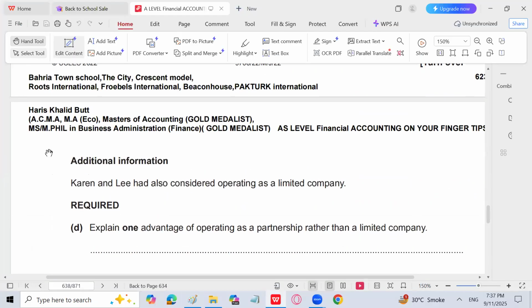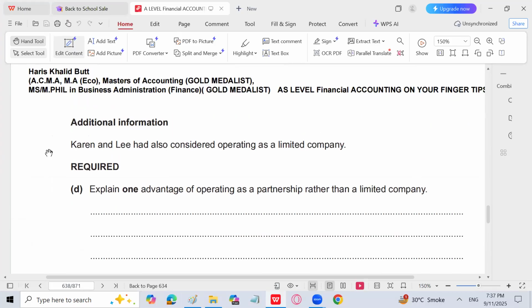The additional information says Karen and Lee had also considered operating as a limited company. Explain one advantage of operating as a partnership rather than a limited company. A company has perpetual succession and a common seal, and has more advantages in general, but control will not be there.